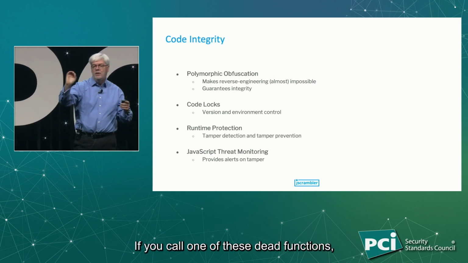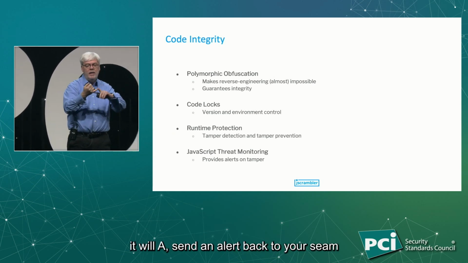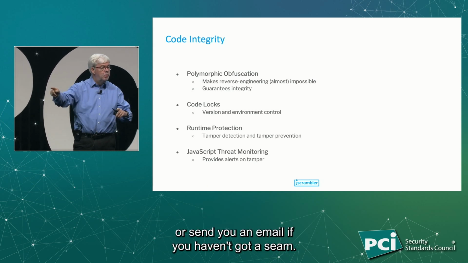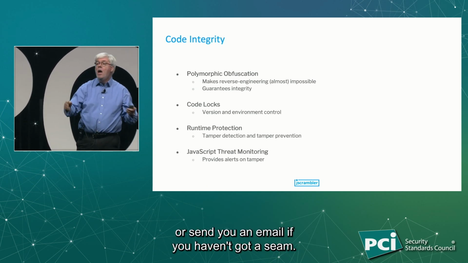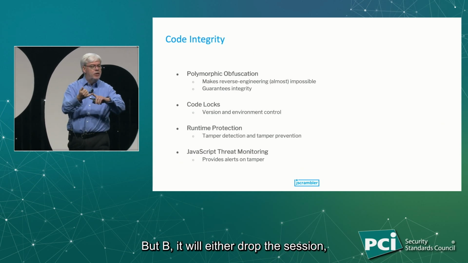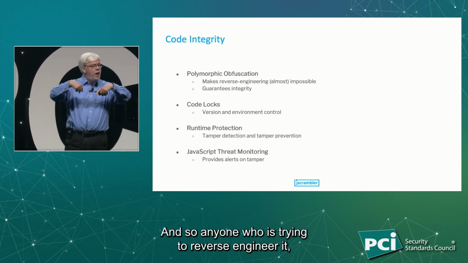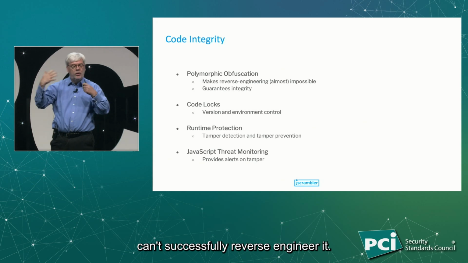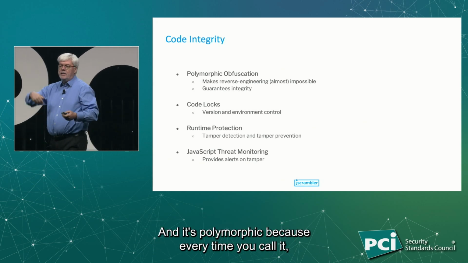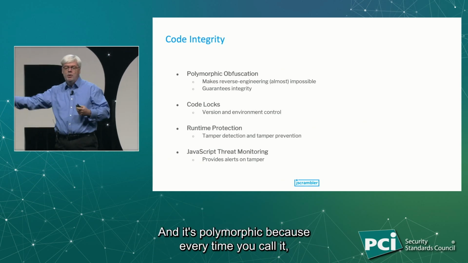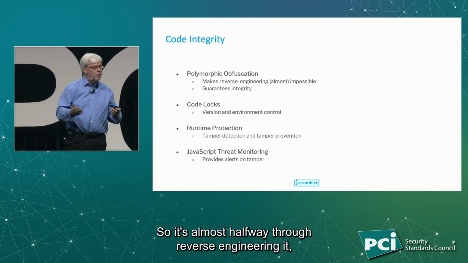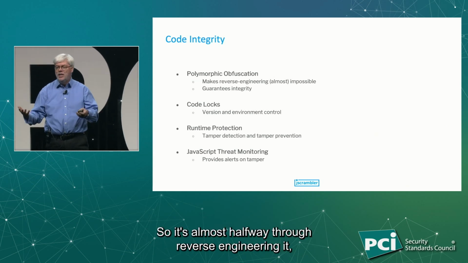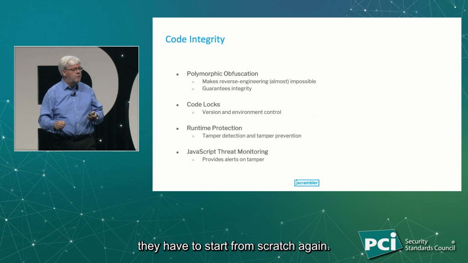If you call one of these dead functions, it will A, send an alert back to your SIEM, or send you an email if you haven't got a SIEM, but B, it will either drop the session cookies, kill the session, and so anyone who's trying to reverse engineer it can't successfully do so. And it's polymorphic, because every time you call it, it gives you a different obfuscation. So if someone's halfway through reverse engineering it, they have to start from scratch again.